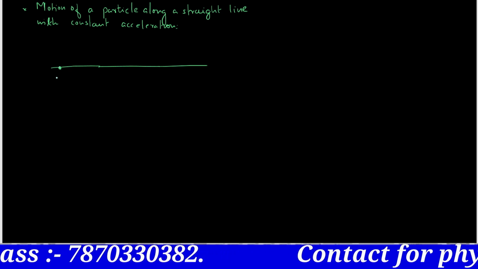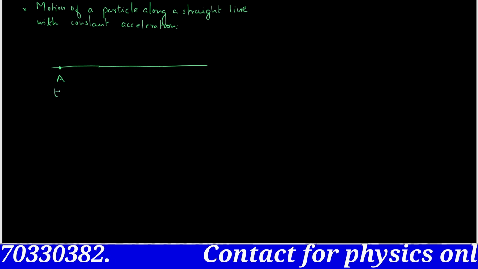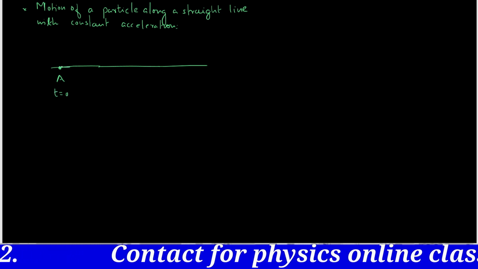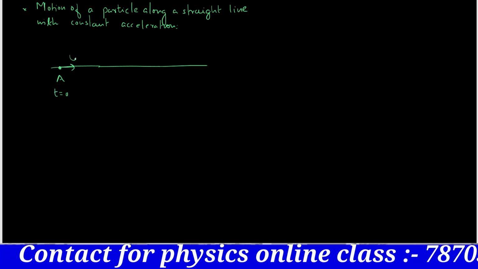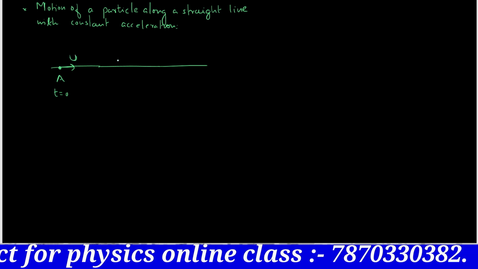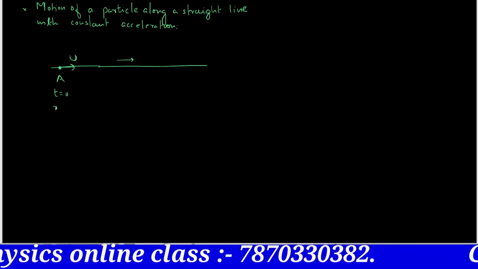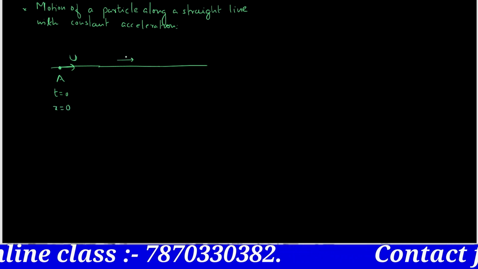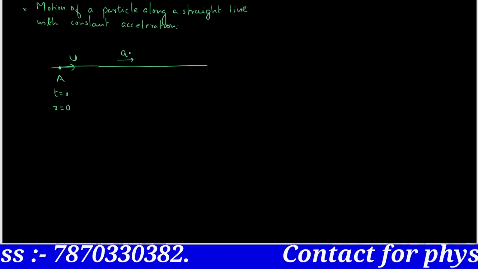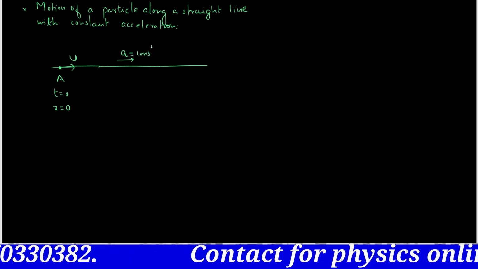has started its motion from this point A at t equal to 0 with initial speed, say you can say this as u, right? And position x equals 0, and with acceleration a, which is constant whatever its value.